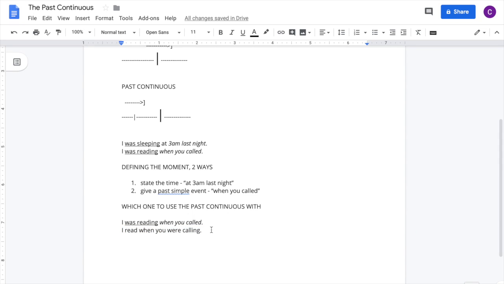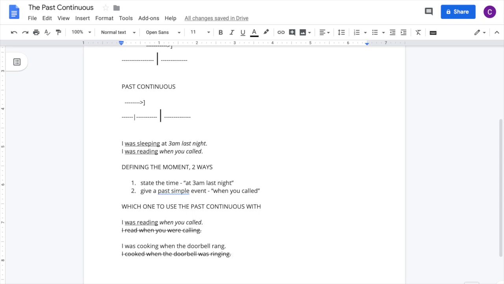Well, let's look at one more example. Okay, so again, why is this top one correct and this bottom one incorrect?